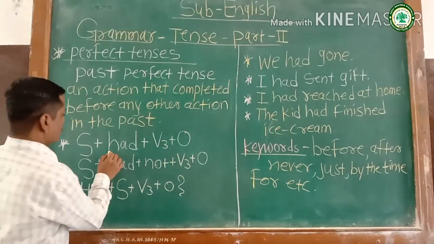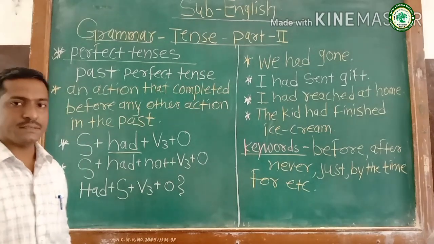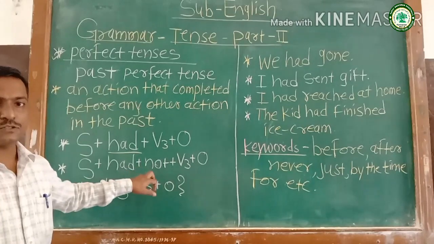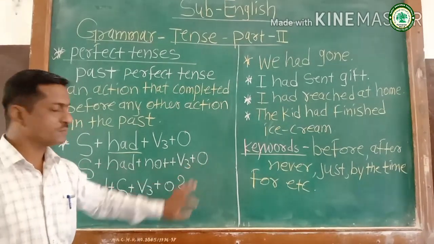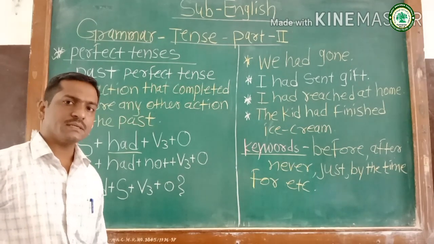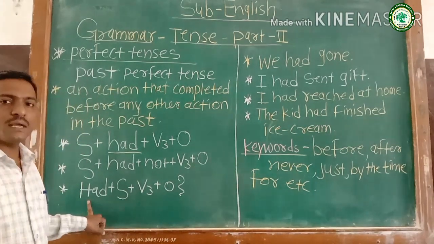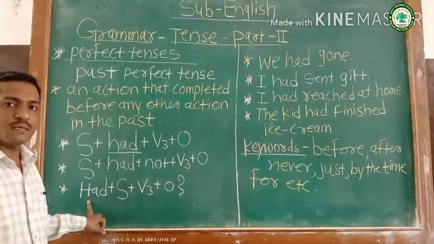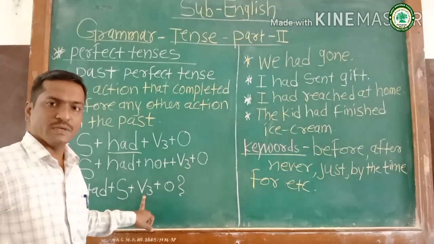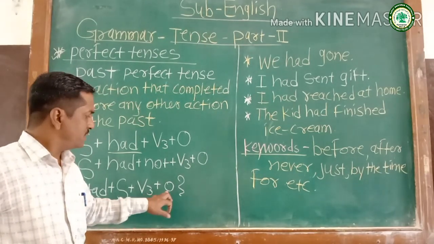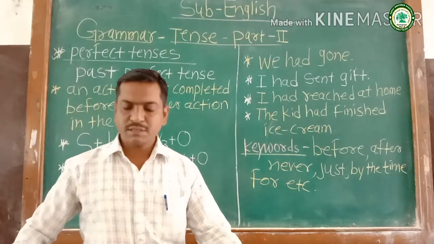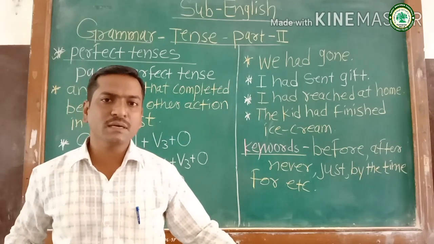We use the helping verb had in this tense. Then the negative structure is subject plus had plus not plus V3 plus object. Then the question structure of past perfect tense is: we write had at the beginning of the sentence, then subject, then the third form of the verb, that is V3 or past participle, then object, and finally a question mark.